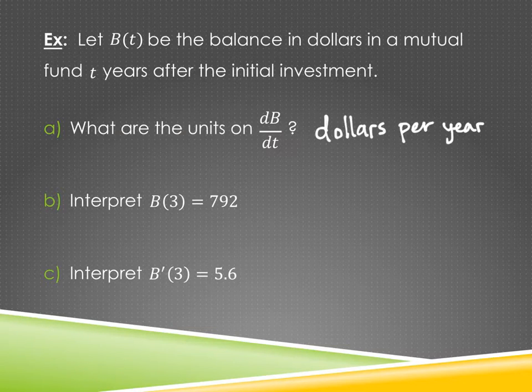Okay. Now, part B is not something that we should have to do a whole lot with anymore because you know how to do it. We've been doing this for a month now. It says we're going to interpret what B of 3 equals 792 means. And you did something like this on the test for me last week. So what would I write down for B of 3 equals 792?